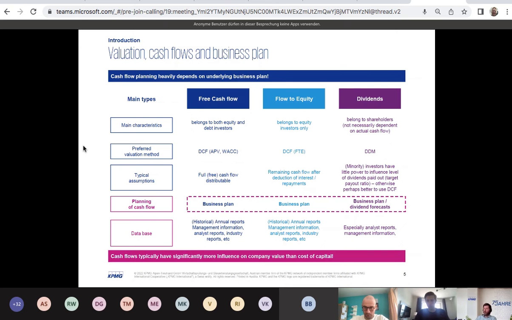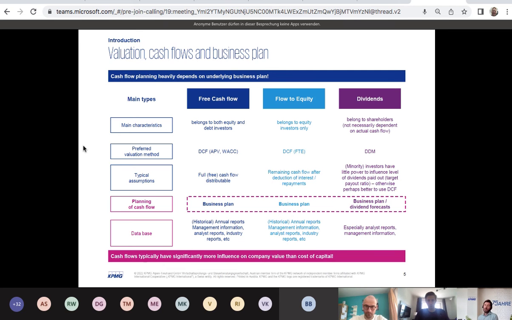The most prominent one is probably the free cash flow, which is used, for example, in the APV or the WACC method. The free cash flow basically belongs to both equity and debt investors. That's a very important characteristic to always remember, because this cash flow is fully distributable to both equity and debt investors.